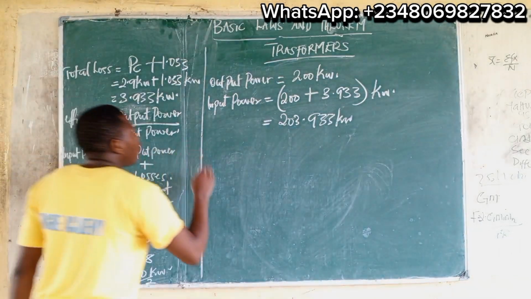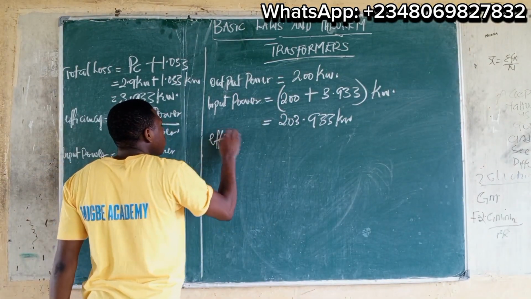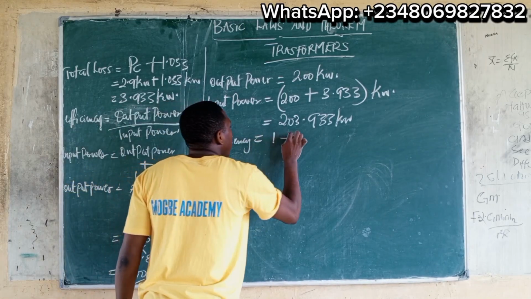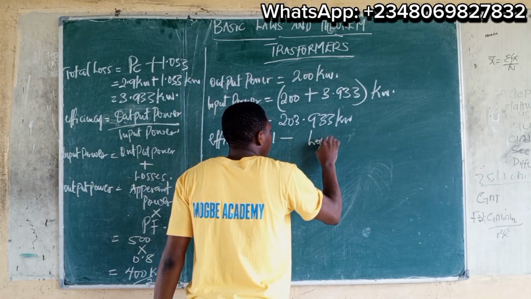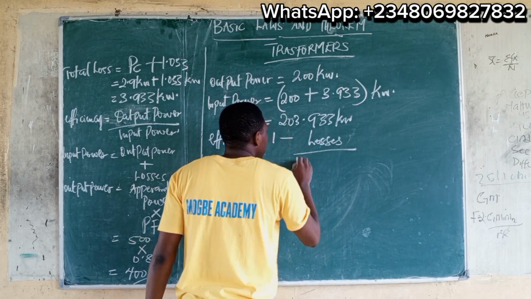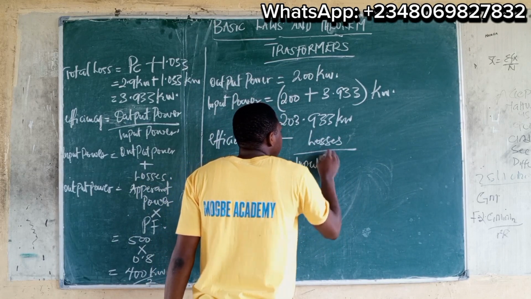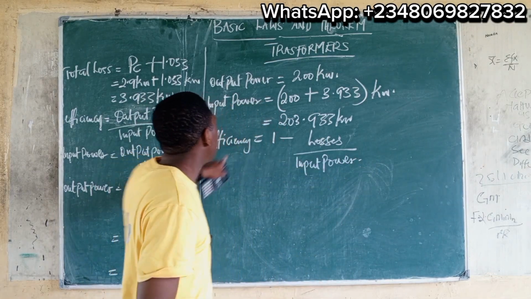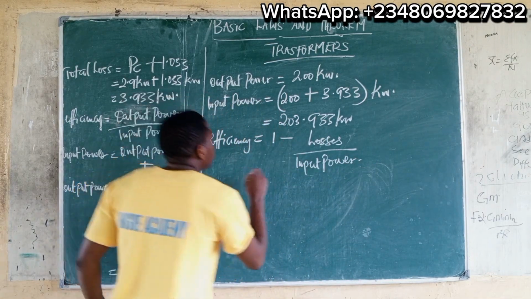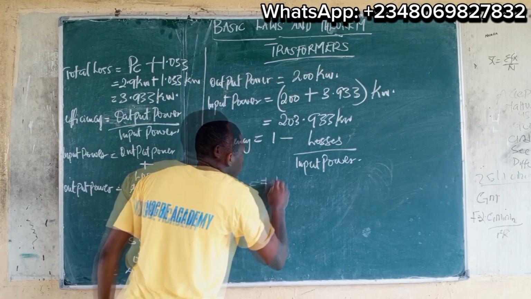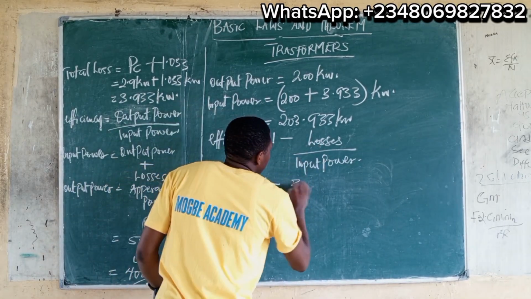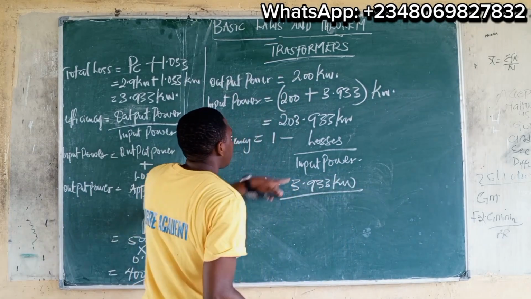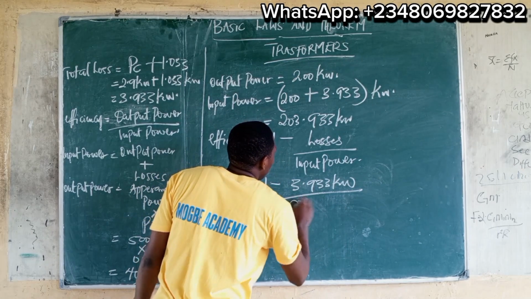But recall, we proved that efficiency is equal to 1 minus losses divided by input power. If we use this equation to calculate our efficiency, we'll have efficiency equal to 1 minus, what's our losses? 3.933 kilowatts divided by input power.